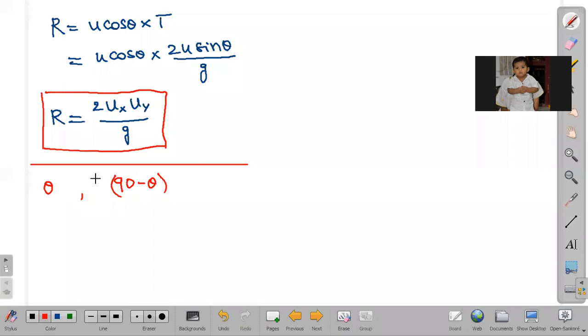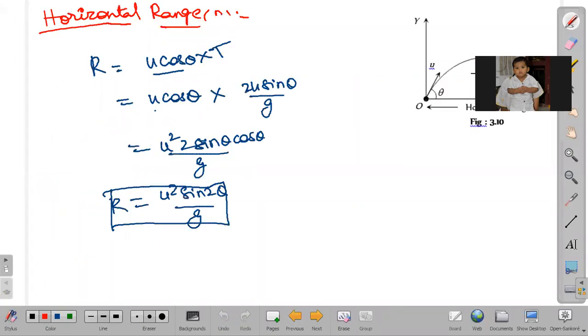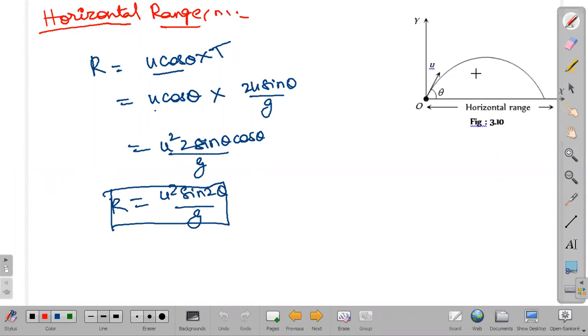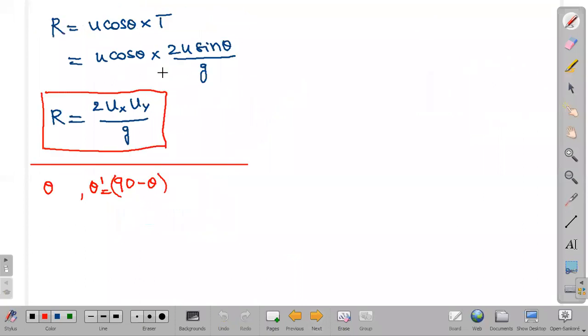Complementary angles means when the object is projected into the air, if I go back to the previous page, we are taking some theta. If I project in this particular direction and then change it a little bit, that means for two different angles of projection, those two angles I am considering as complementary angles.